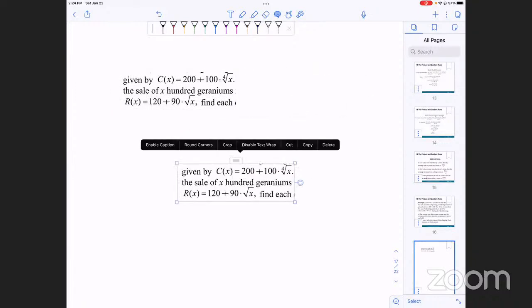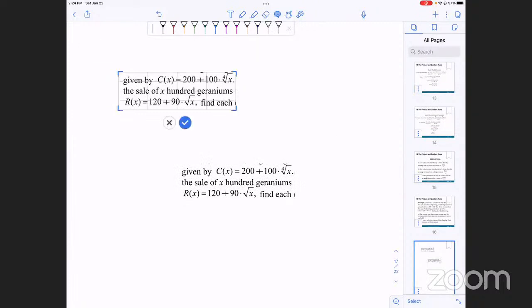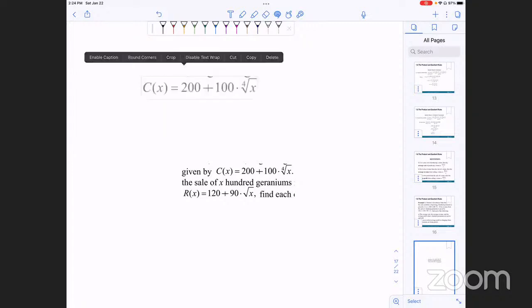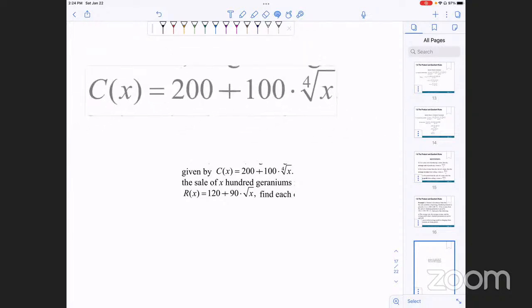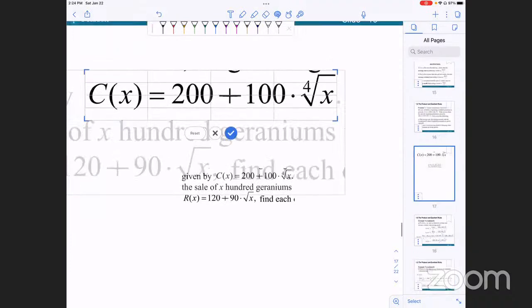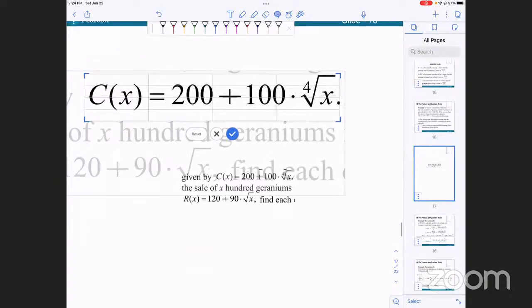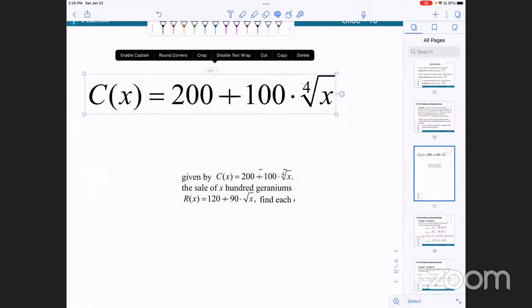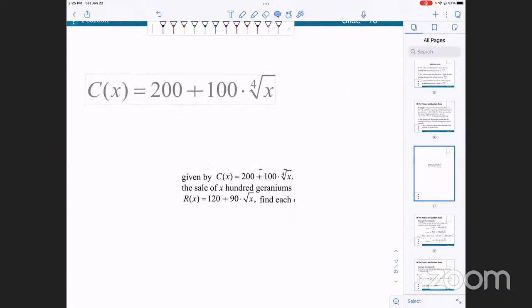There we go. Rid of the crop. Cost function.